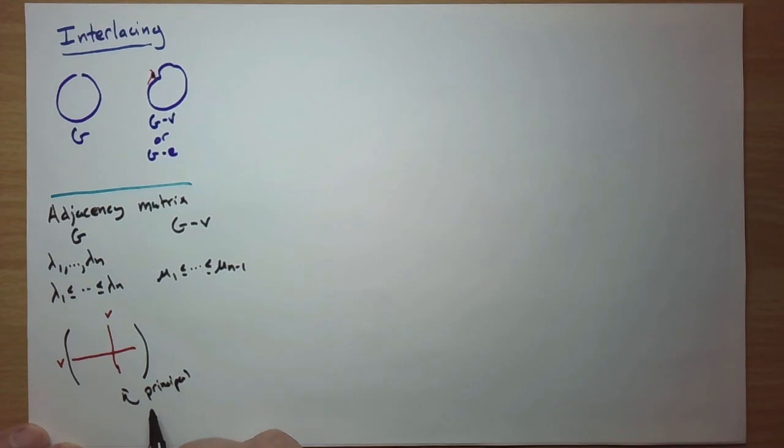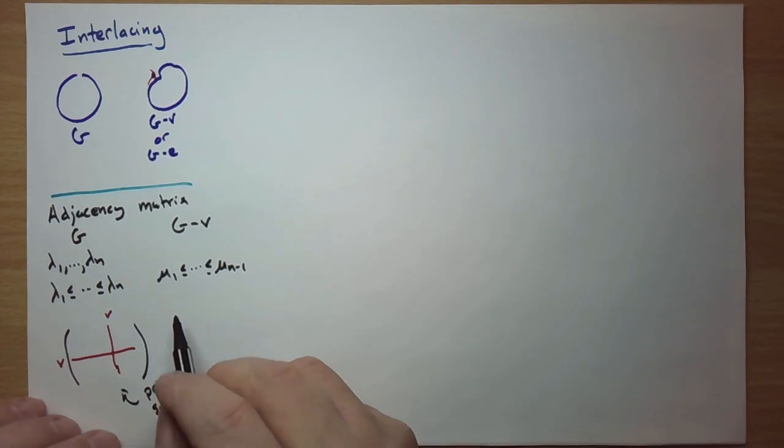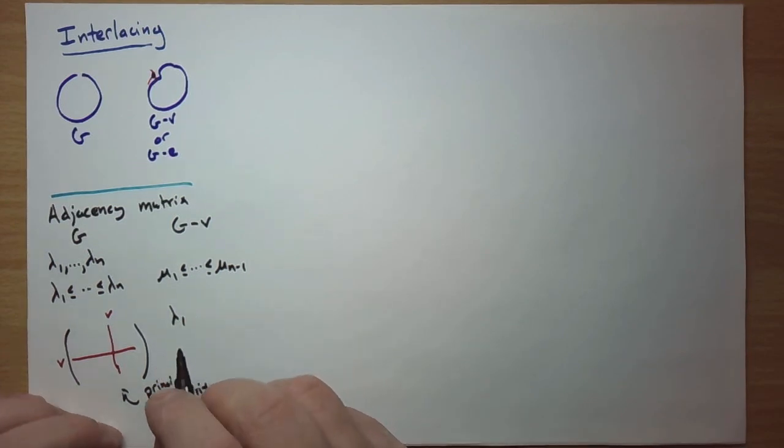Now, this is because the adjacency matrix doesn't have to worry about degrees. Most of our other matrices do. And so because you have this very nice principal submatrix, you get the following very nice result, which says your eigenvalues are going to interlace.